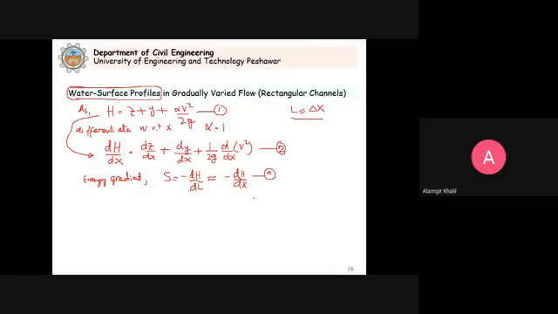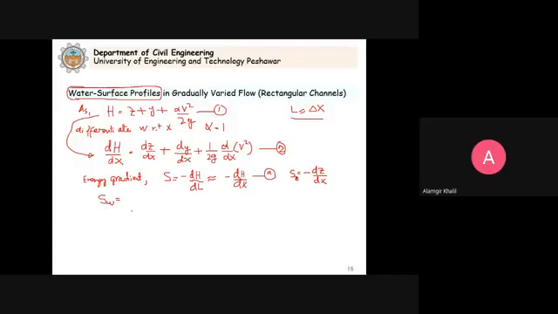Then we know that the slope of the channel bed is denoted by S naught, and that will be equal to minus dz by dx. We already wrote this down before, with a negative sign. And the slope of the hydraulic grade line is denoted by SW.